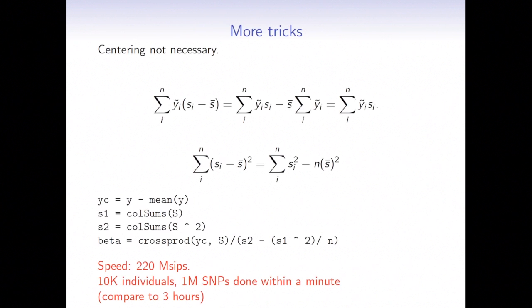But looking further into the details, we saw that centering of the SNP matrix is actually not necessary at all, because you see in the numerator you only have to center y, and the SNP stays in the original version, and in the denominator we also don't need to center the SNP, we only need the averages.